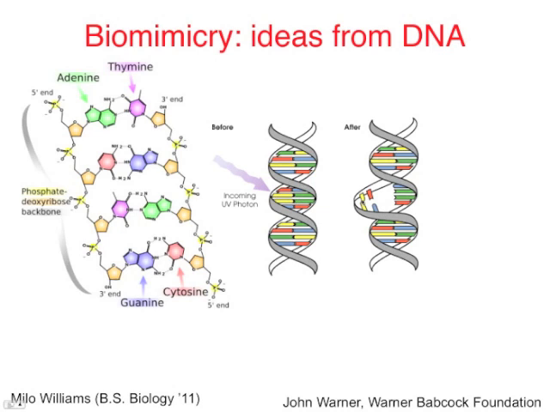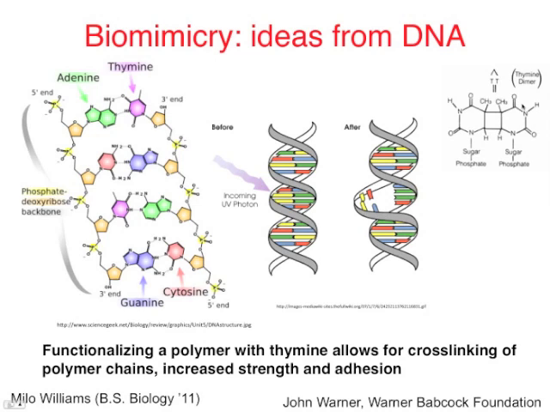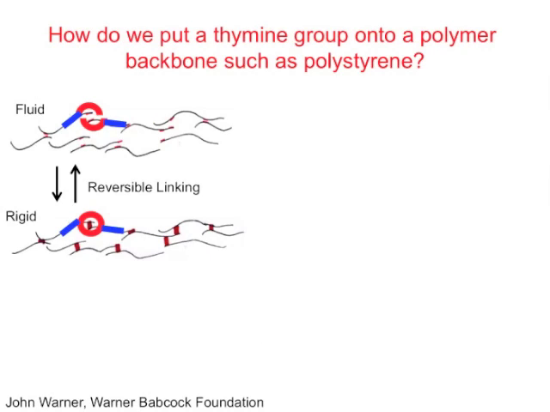And this is the photoreversible damage that can occur with DNA on your skin when you're standing out in the sun too long. So here's a schematic representation of what the thymine dimer would look like. If we were able to put this same thymine group, this guy right here, into the polymer backbone, maybe we could shine light on that polymer and then increase the cross-linking ability and make it stick to the surface.